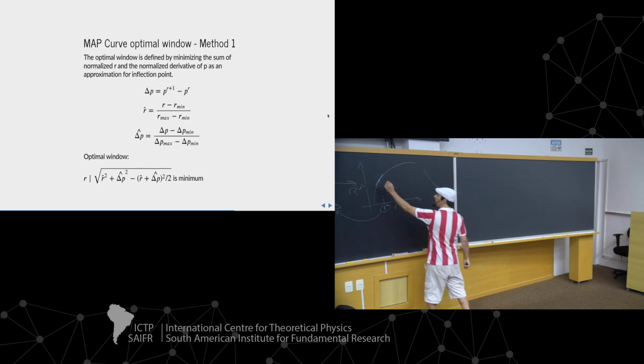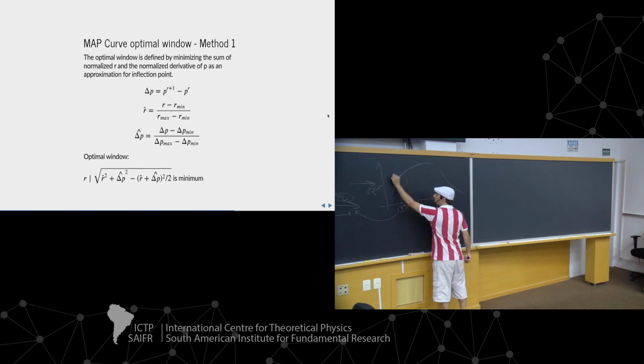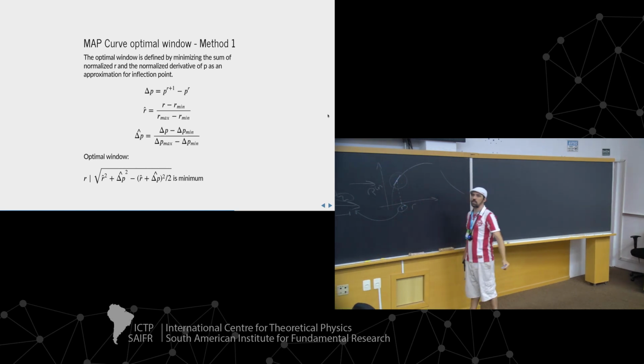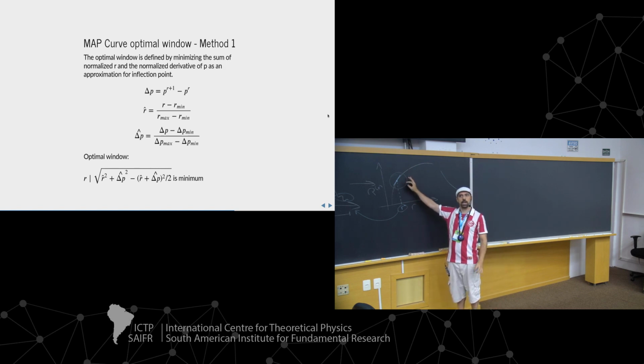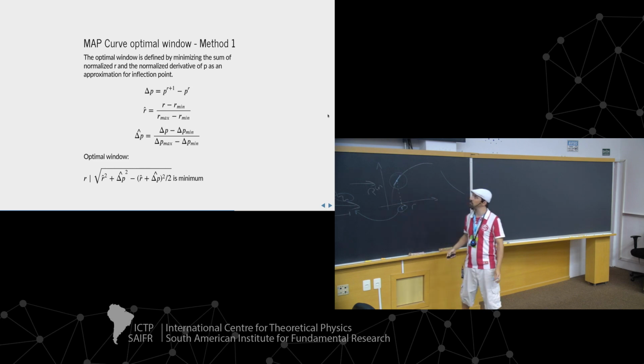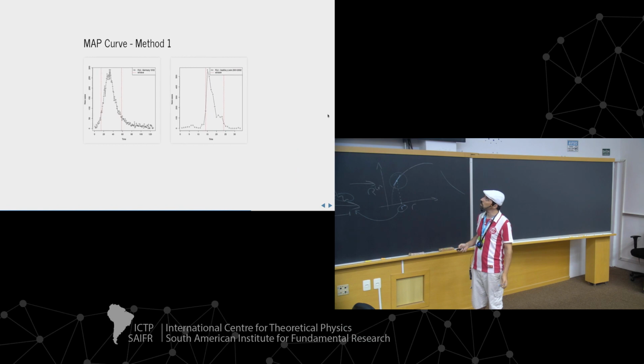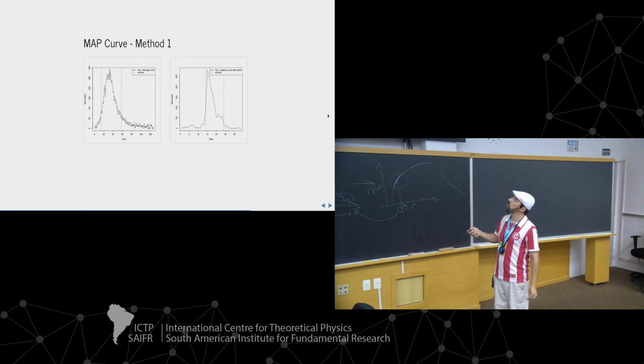So I'm trying to assess this inflection point without actually going into the second derivative of this function. I'm playing with the characteristic between window size and variance. And this is what we get.